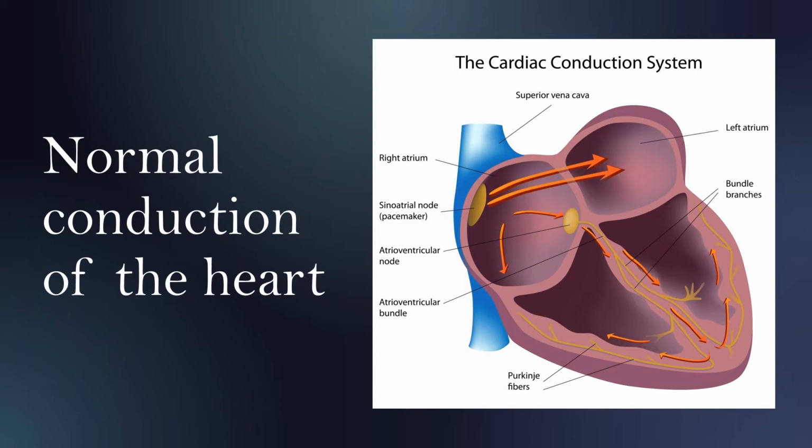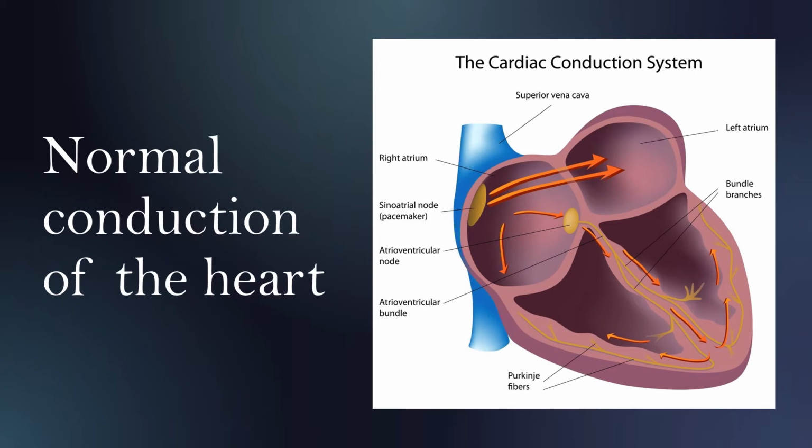And then that signal is going to come all the way from here. It's going to come down. This is going to contract, and then the signal is going to go into your AV node. Once it gets to the AV node, the signal will be delayed for just a little bit, not long, just a few seconds. And then it will pass on from the AV node into the bundle of His.